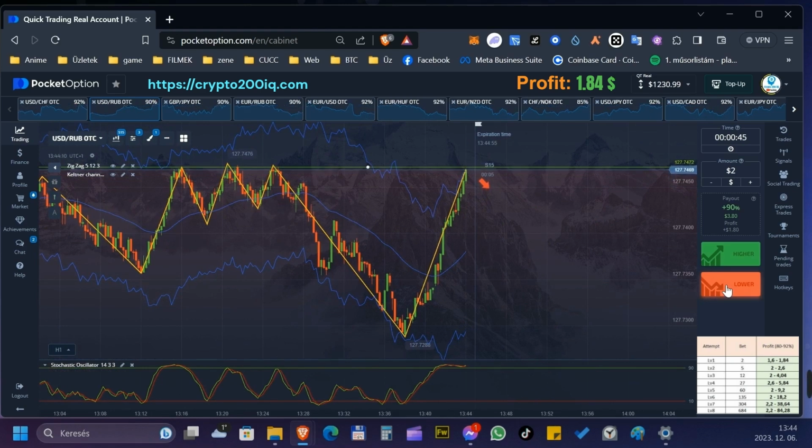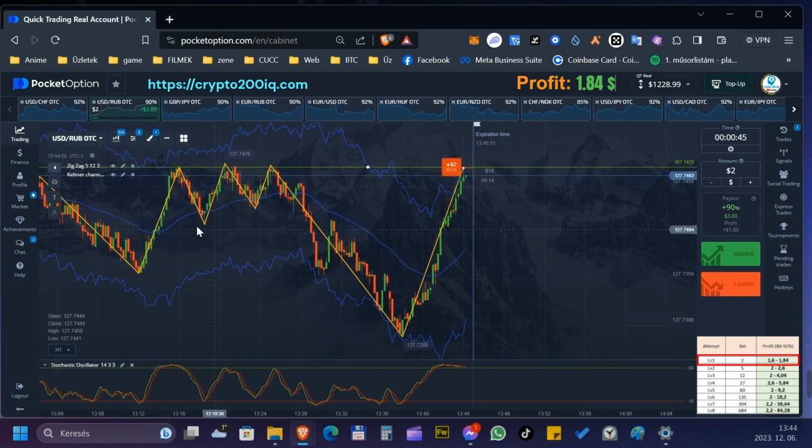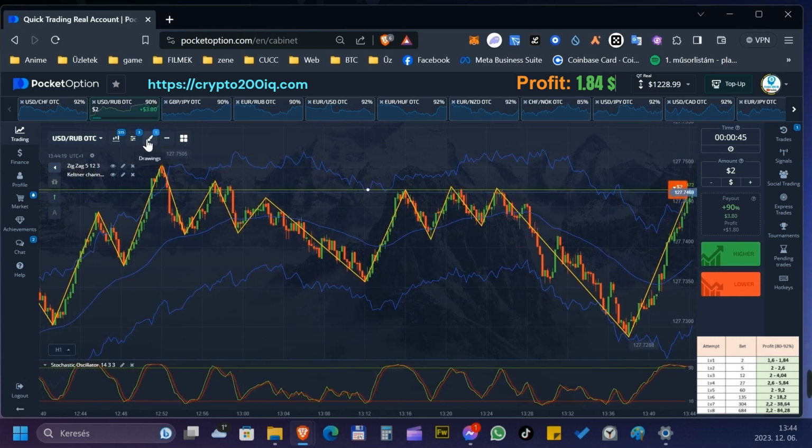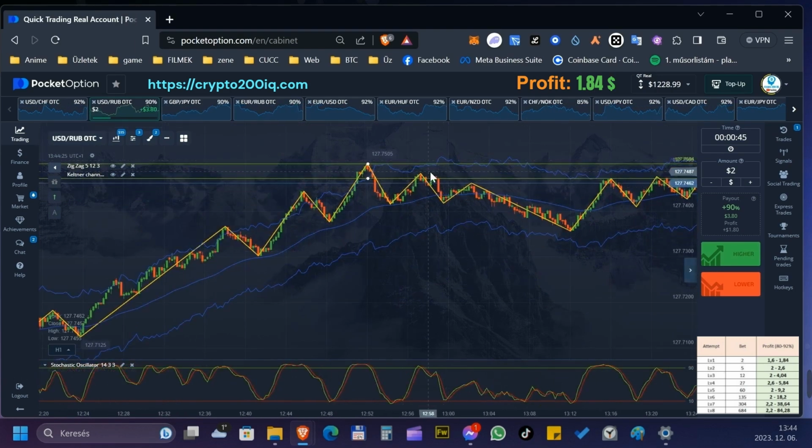We'll wait for it to reach the line. And we've already placed bets in the opposite direction. And we're preparing for the next level, in case we lose this position.